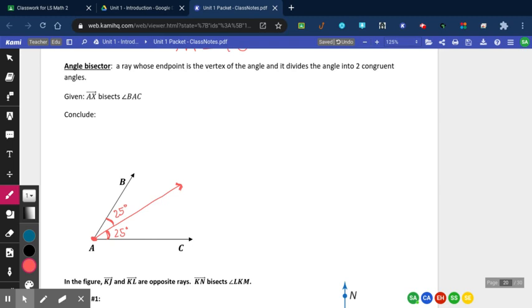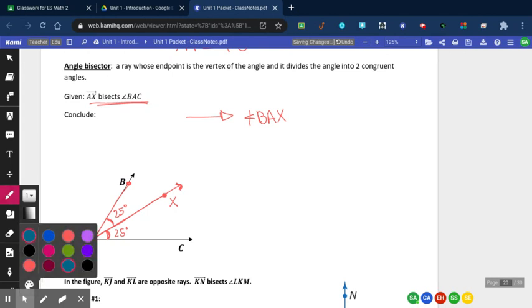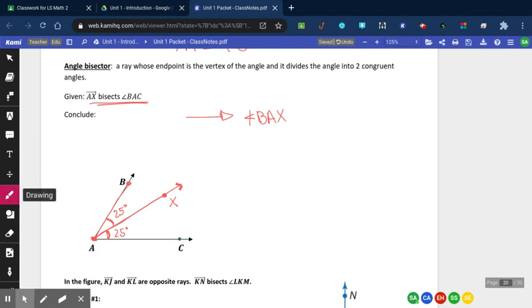So what would we conclude from this? If we call this ray AX, and it bisects this angle, then I would conclude, being careful with the naming here, this is angle BAX. And if I have a point here, C, my angle here is going to be CAX.